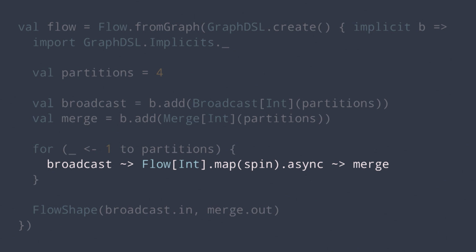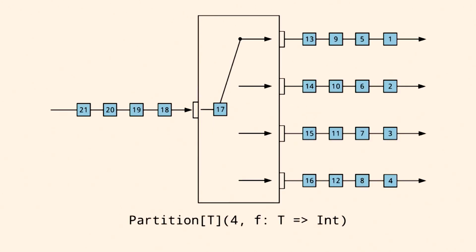Another way to partition for performance is using the partition operator. And this sends individual elements to one downstream based on a custom partitioning function. In this case, sending 1/4 of the messages to each downstream. So it's common to exclusively partition a stream based on a unique identifier or a consistent hash of an address, something like that.